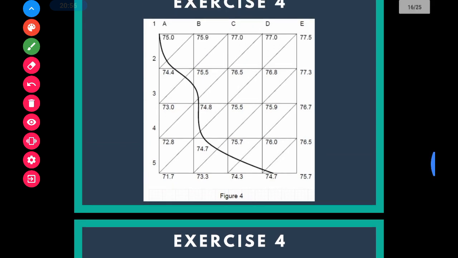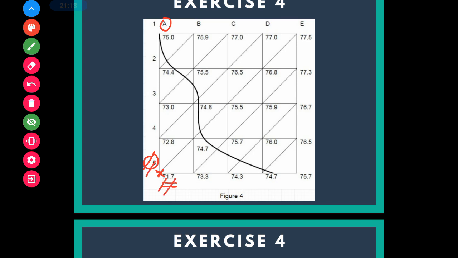Let's take a look at GP A5. This is the point. This one is for the field, so not yet calculated.